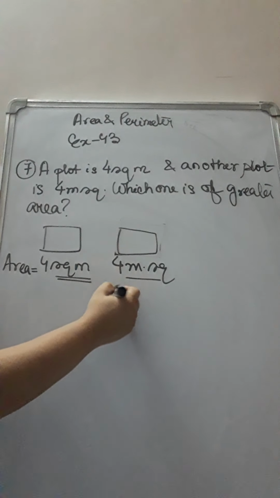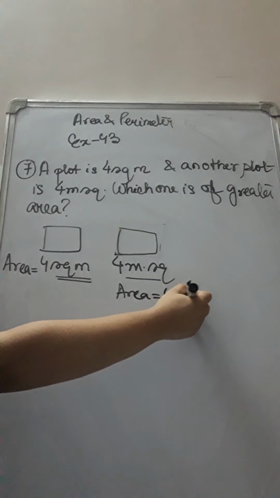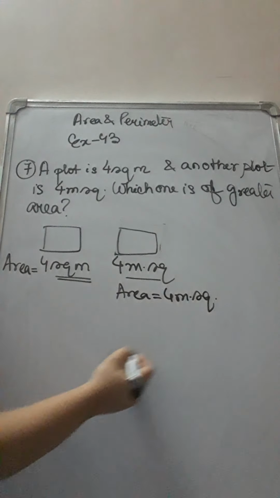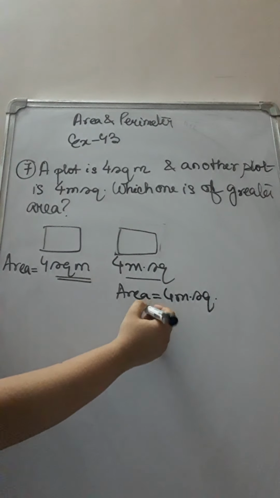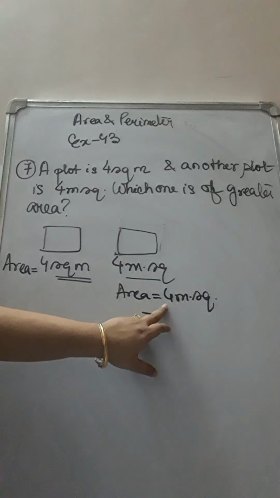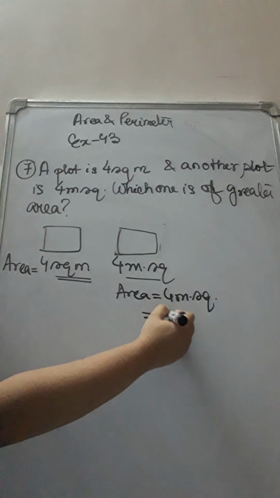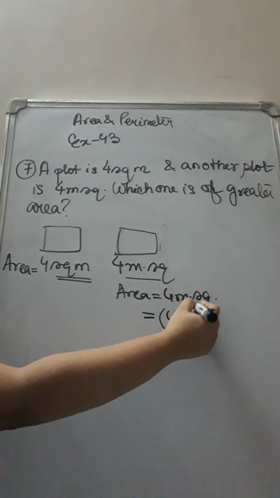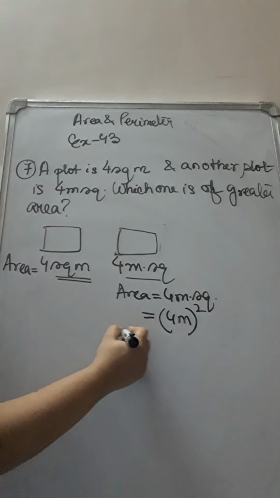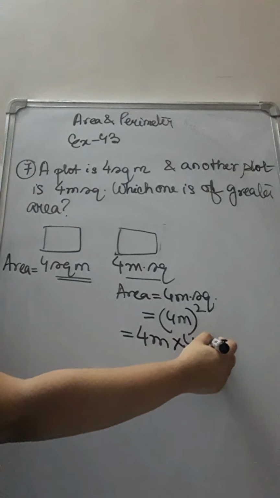So this is given in the unit which we already know, but this is not given. So here what is told, area is 4 meters square. Now 4 meters square means, you have to read it like this, 4 meter square. That is 4 meter is multiplied 2 times.